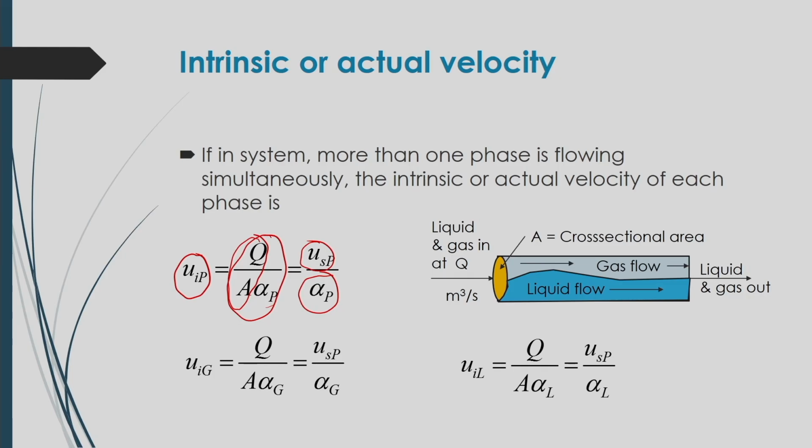So, the intrinsic velocity or actual velocity of gas will be equal to the superficial gas velocity divided by its volume fraction. Similarly, the intrinsic velocity of the liquid will be equal to the superficial velocity of the liquid, divided by the volume fraction of the liquid. So, in this way you can calculate the actual velocity for multi-phase systems.